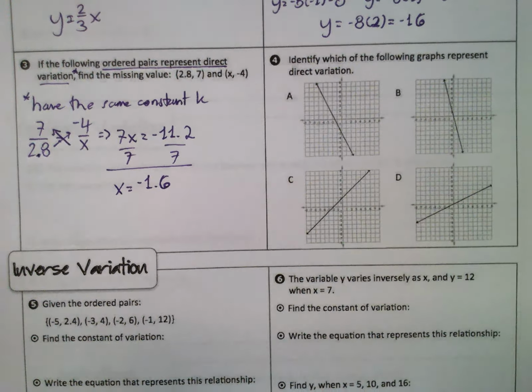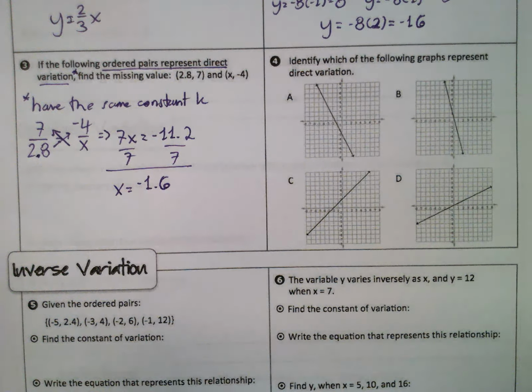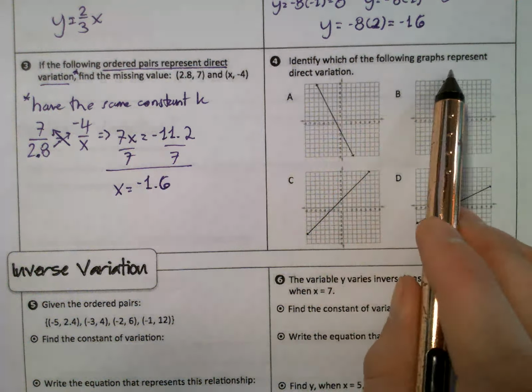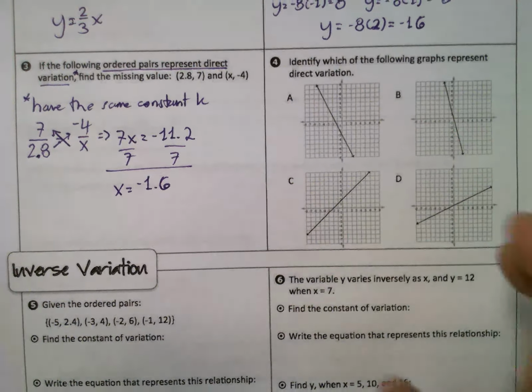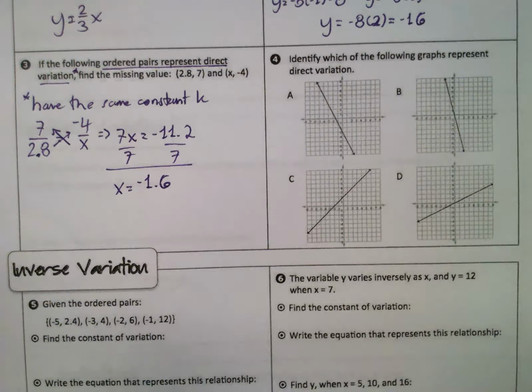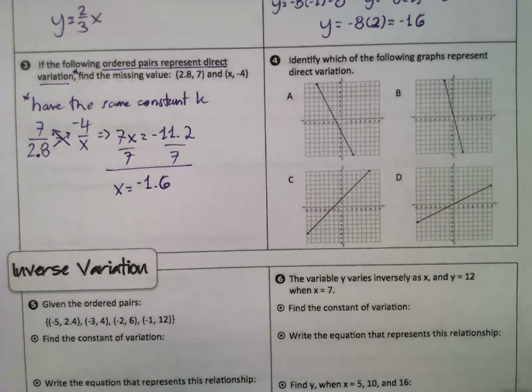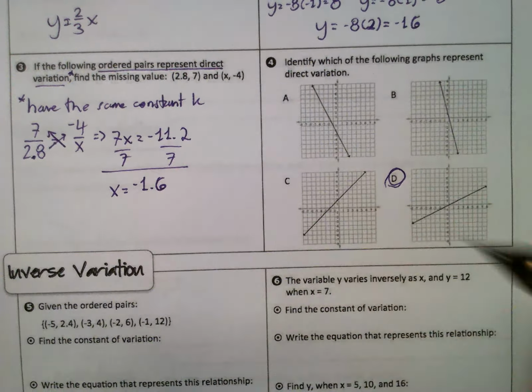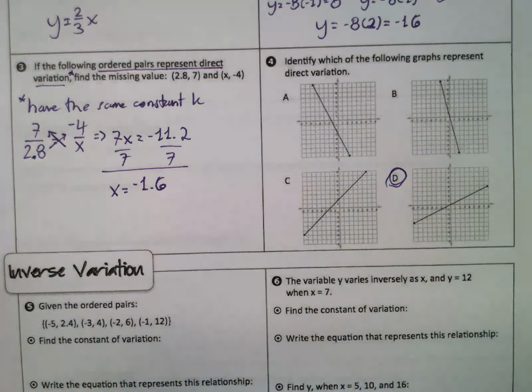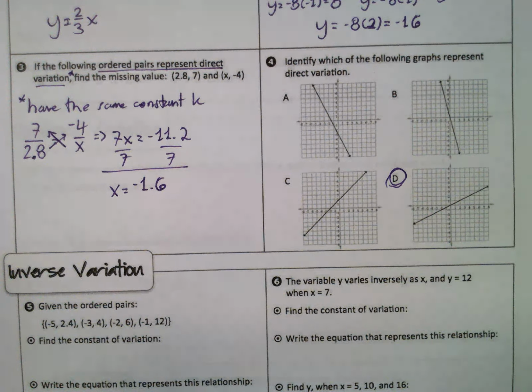Now, the other thing we need to talk about here is identifying which of the following graphs represent direct variation. Now, here's the thing. Just because a graph goes through (0, 0), which is a major requirement, doesn't mean it can be an actual answer. D, obviously, is our choice and is through and through a good answer. Positive slope, goes through 0. But B also is technically an answer, too.